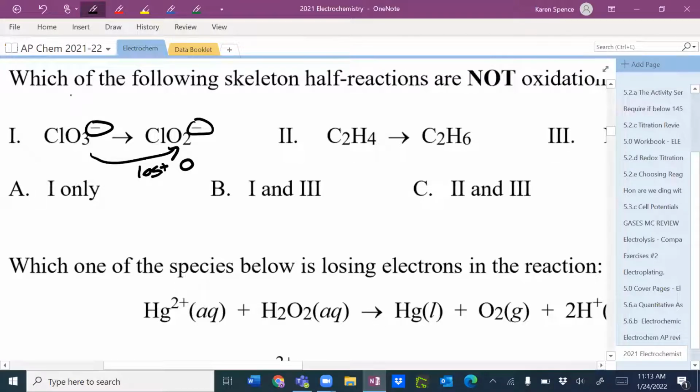Oxidation is when you put oxygens onto something. It's a little cheaty way of doing it, rather than calculating out all the oxidation numbers. Put oxygens on, whereas here we have taken oxygens off.